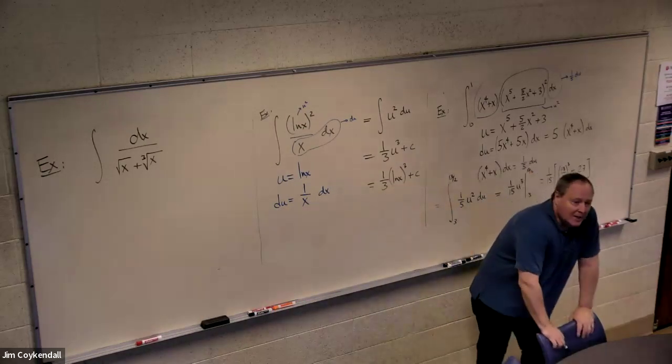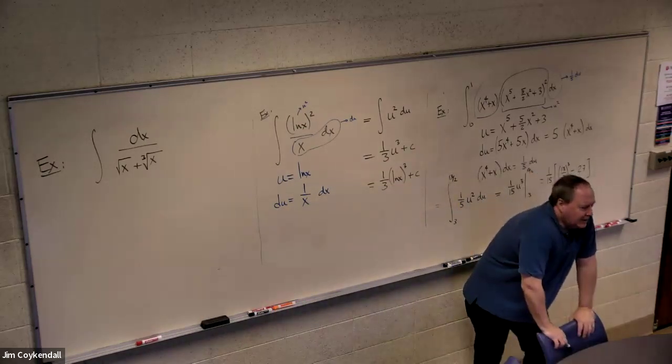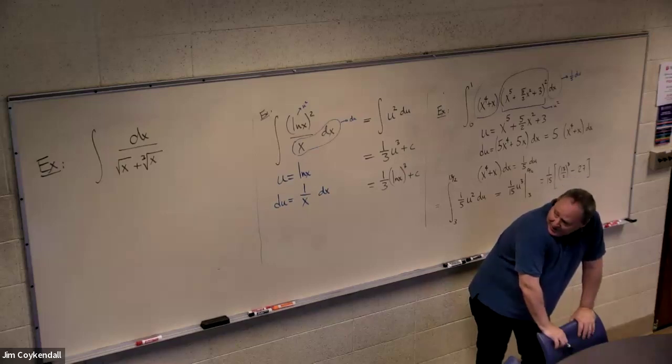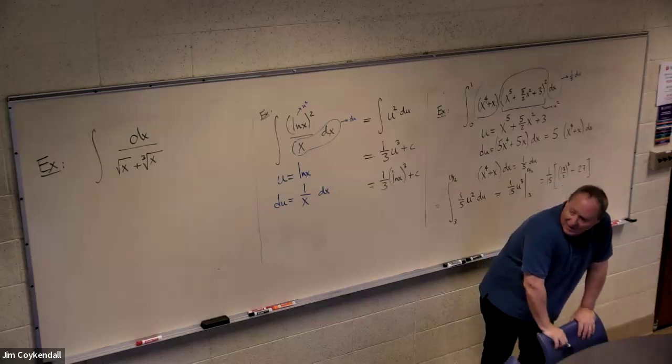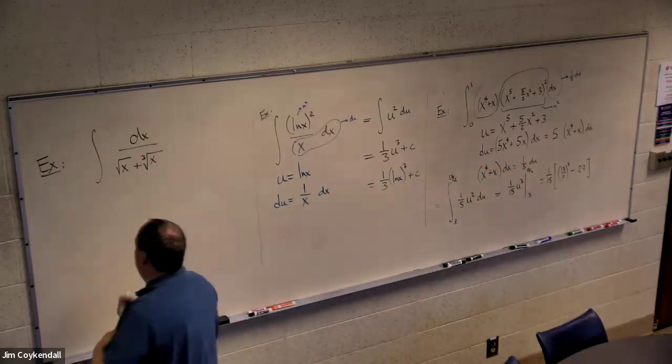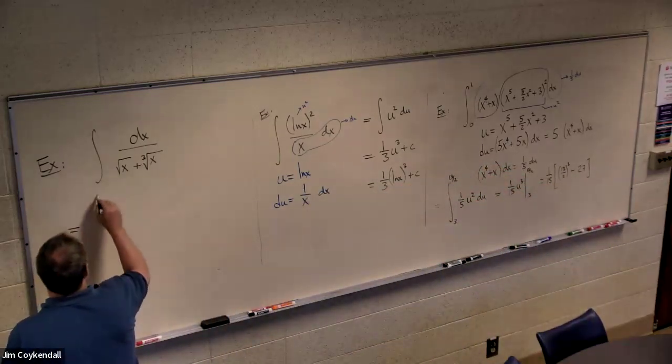And this one is like, without u substitutions, think about this. Right? This is, my goodness, 1 over the square root of x plus the cube root of x. I don't care. But actually, let me make one cosmetic change here. Let's go do this.